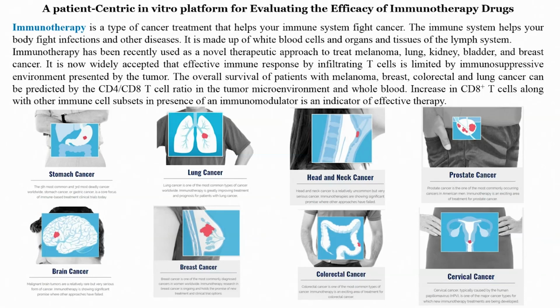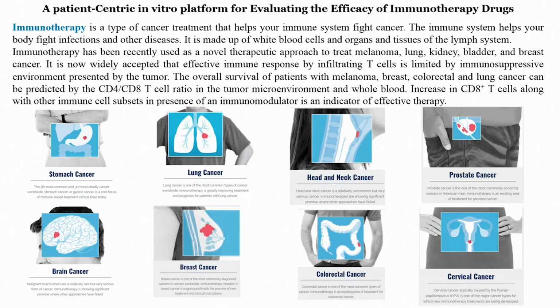Stomach cancer or gastric cancer is a core focus of immune based treatment clinical trials today. If we talk about lung cancer, it is the most common type of cancer worldwide, and immunotherapy is greatly improving treatment and prognosis for patients with lung cancer.